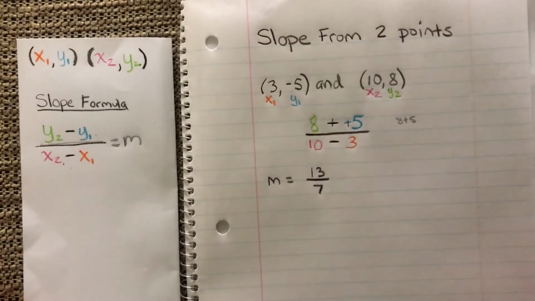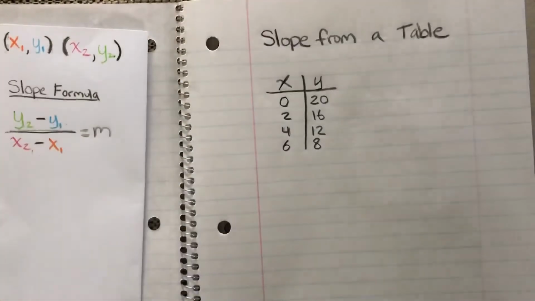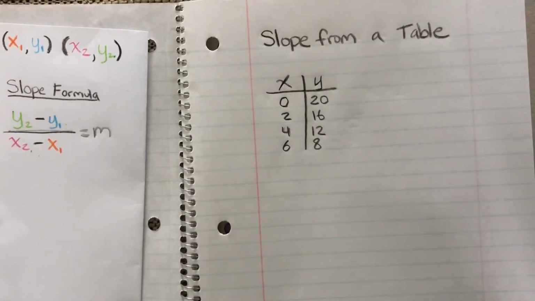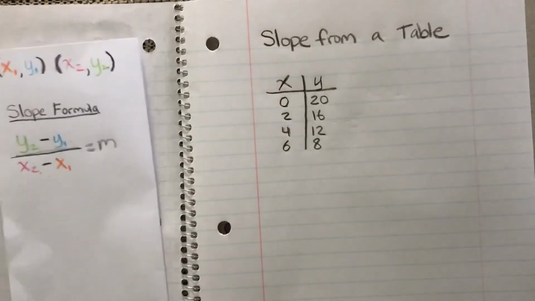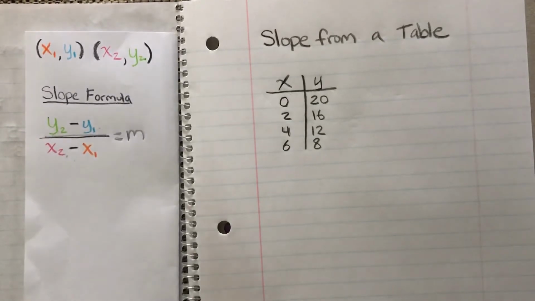So another thing that we can look at is if we aren't given 2 exact points, but we're looking at a table, we can actually use the exact same formula, because a table is just a set or lots of ordered pairs.